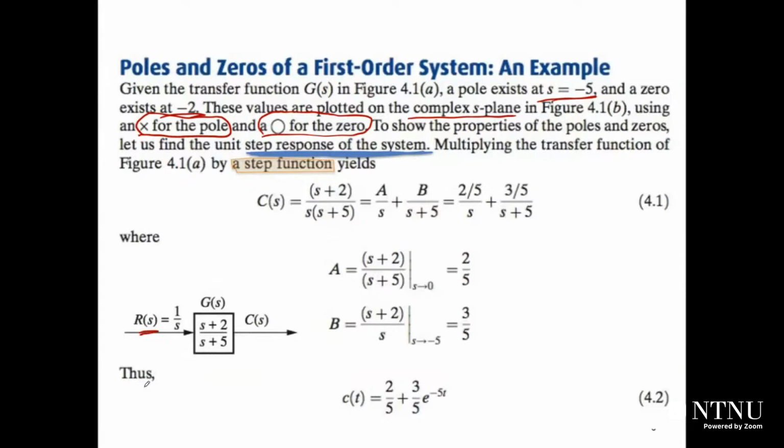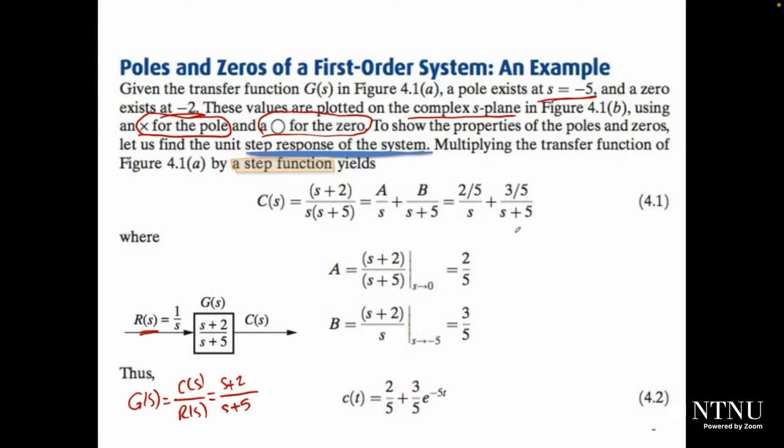So G of S will be the output divided by the input, C of S divided by R of S, which equals the transfer function, S plus 2 divided by S plus 5. If you need to get the response C of S, do cross multiplication.